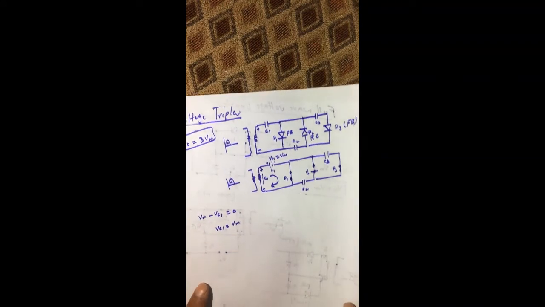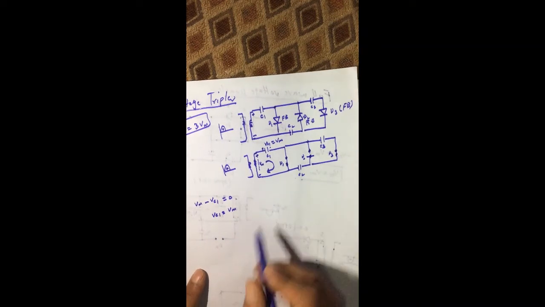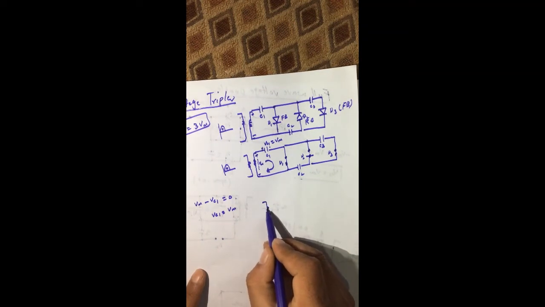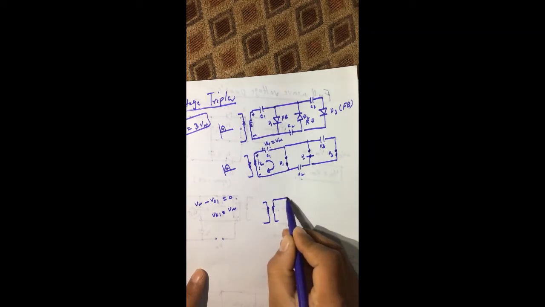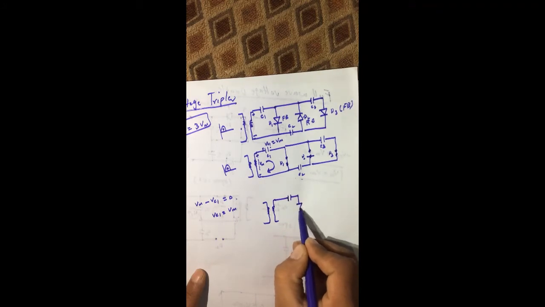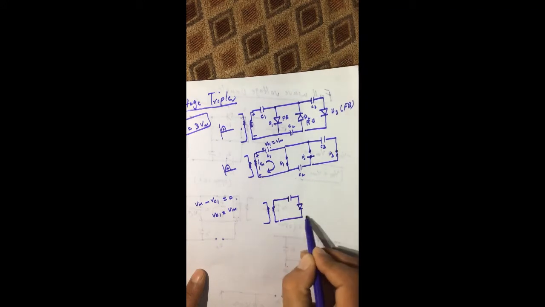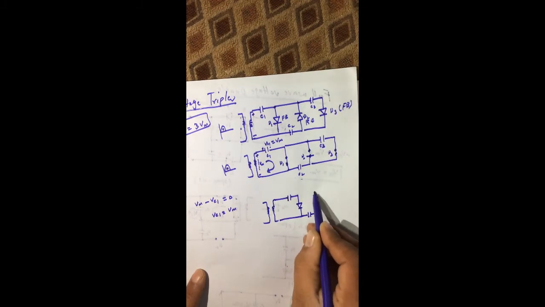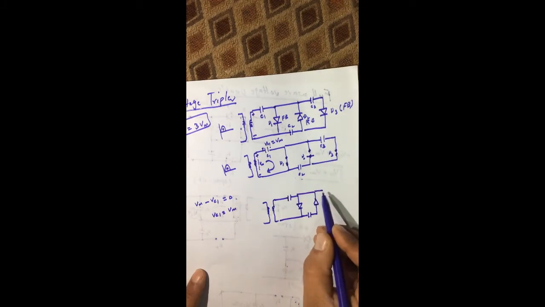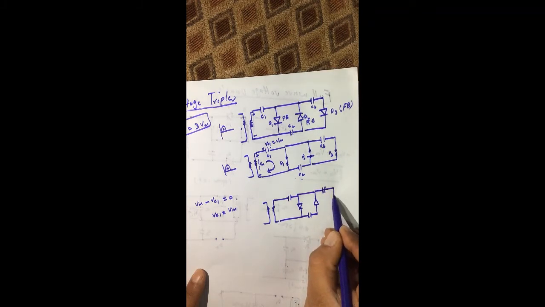Now during the next negative half cycle, in the first negative half cycle, what will be the situation? We will see it here. We have capacitor C1, diode D1, we have capacitor C2, then we have diode D2, then we have capacitor C3, and we have diode D3.